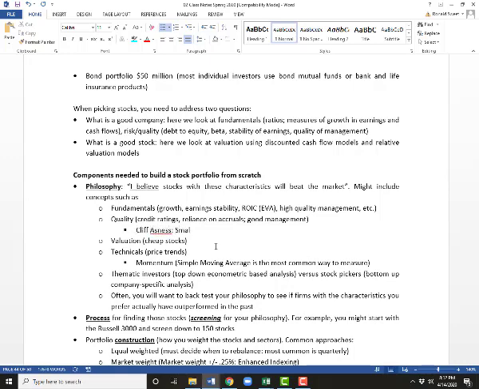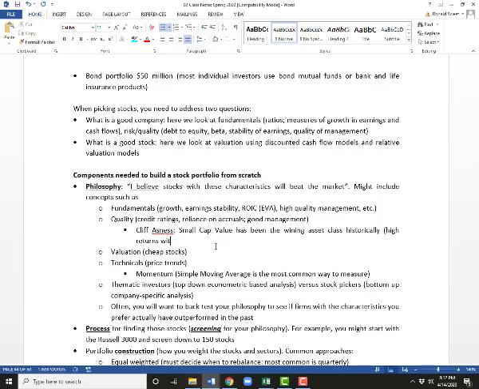So small cap value has been the winning asset class historically. And that means high returns with only slightly higher risk. So it's like you're taking on a little more risk, but boy, you're really getting paid for it. But recently, this has gone away.